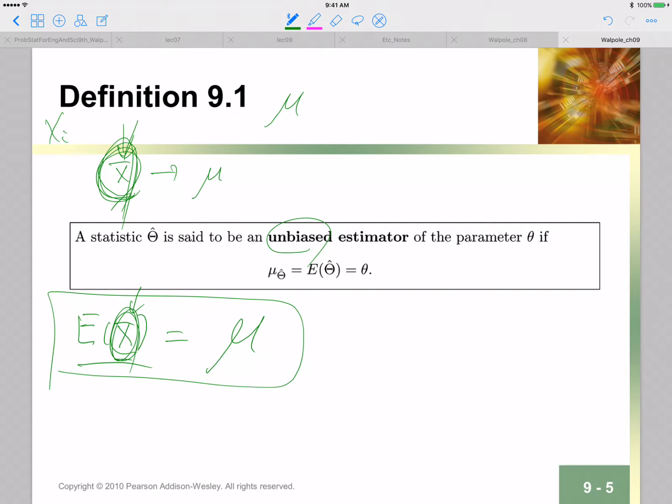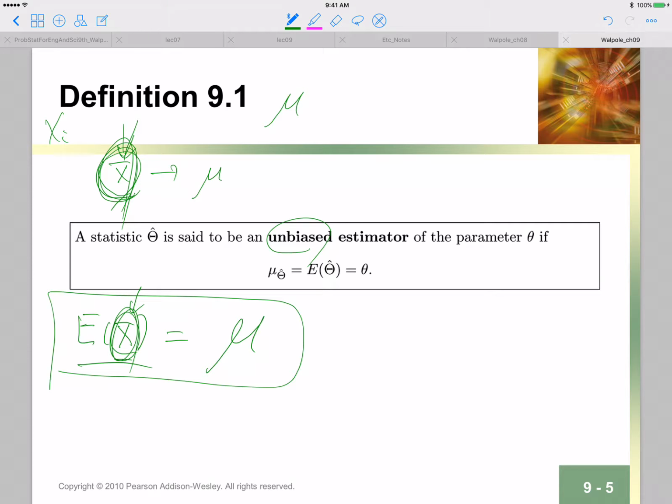But let's think about the other situation where your estimator or your statistic is biased, not unbiased. In this case, it is saying your sample mean is generally overestimating your true mean. So the true mean was 170, but your sample mean is generally telling you larger values than the true mean 170.